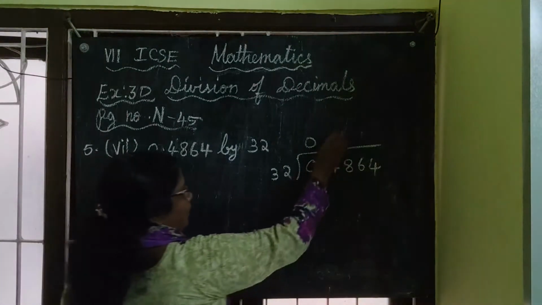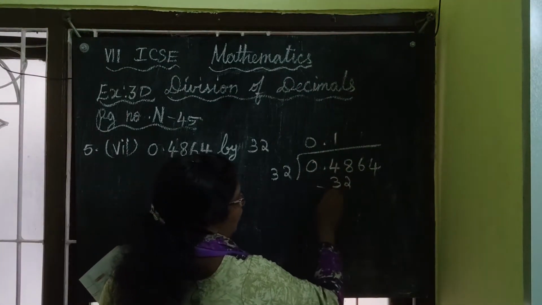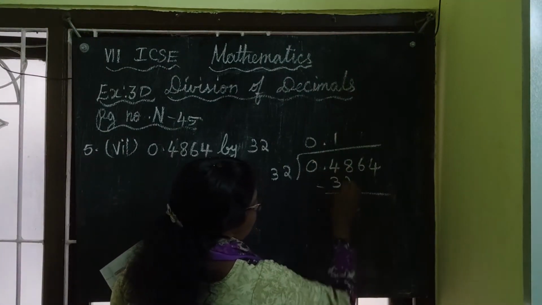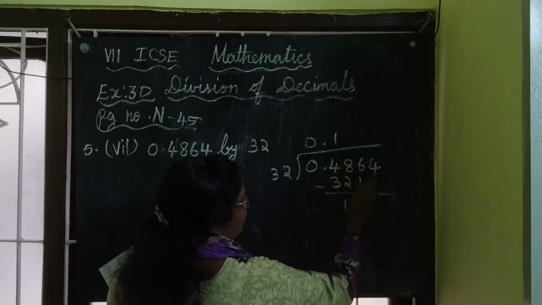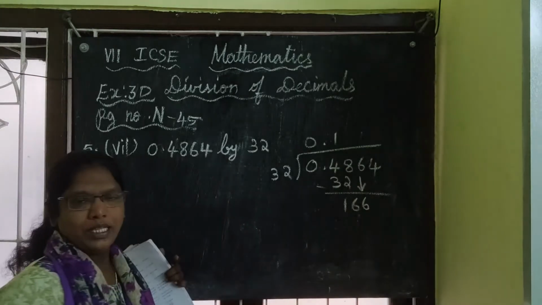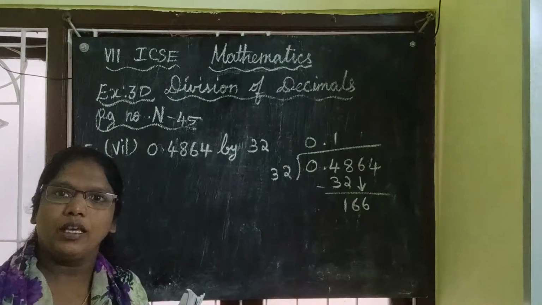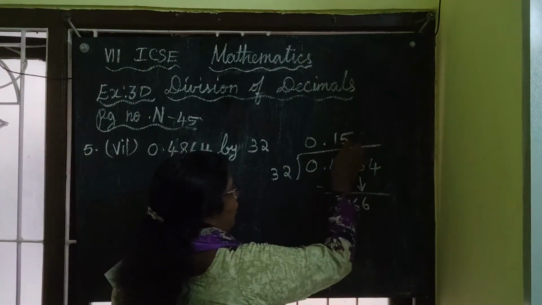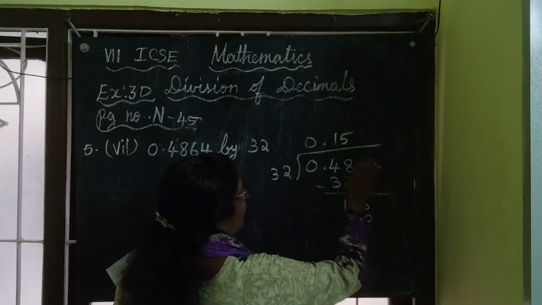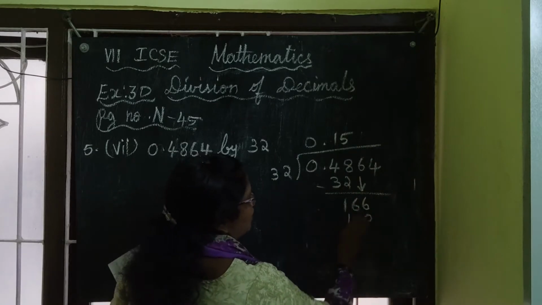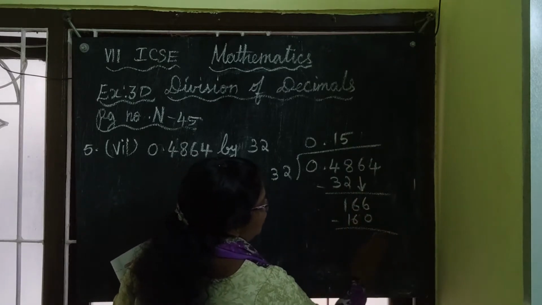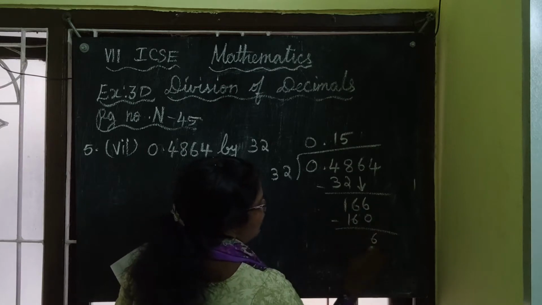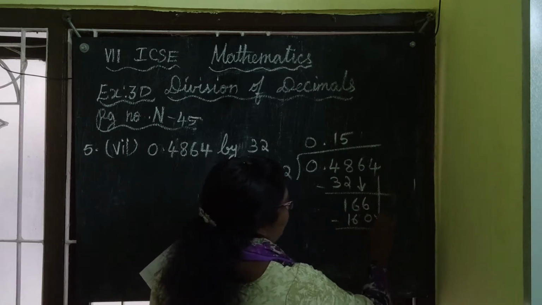1 time 32. So 2 minus 2 is 0, 6, 1, 16. Bring the 6 down. In 166, how many 32s are there? 5 threes are 15, 150. So 5 times you try. 5 twos are 10, remainder 1. 5 threes are 15, 15 plus 1, 16. Now 6 minus 0 is 6. Bring this 4 down.